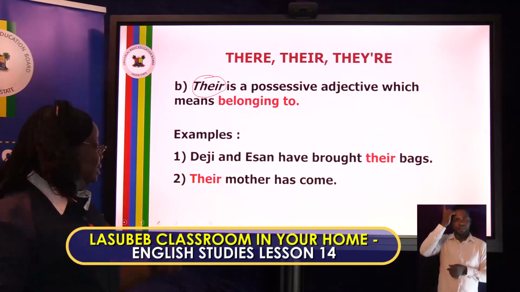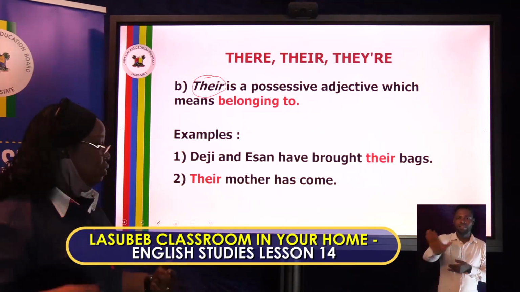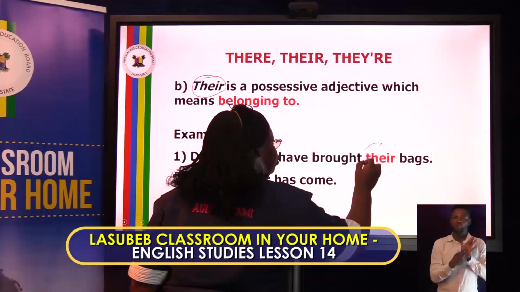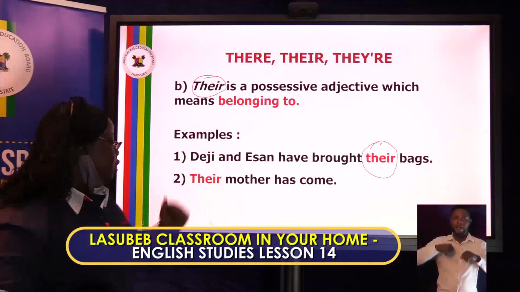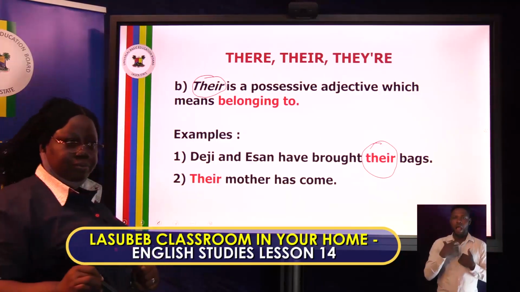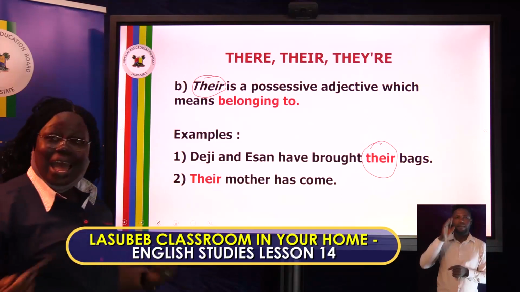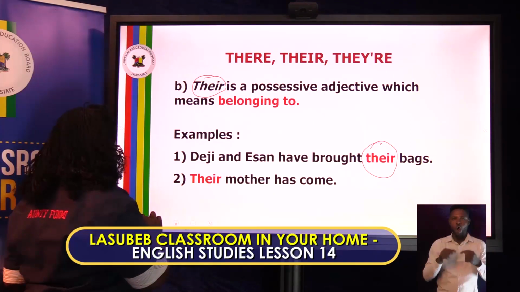Deji and Eson, the two of them, what did they do? They have brought their bags, showing possession or belonging, the bags belonging to them. Then their mother has come. Biola and Ade's mother, their mother has come.